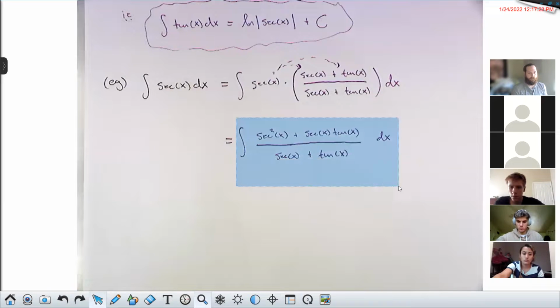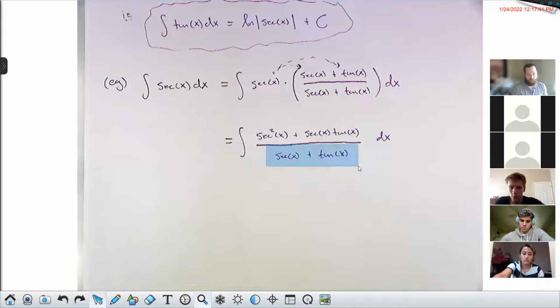And the normal way of thinking, is this getting better or is this getting worse? You would say this is getting worse. But I promise we're almost there. If you stare at this integral enough, specifically the relationship between the pieces of the top and the pieces of the bottom, something should start to occur to you. Think about where in Calc 1 you ran into the function secant squared, and where you ran into secant x tangent x.